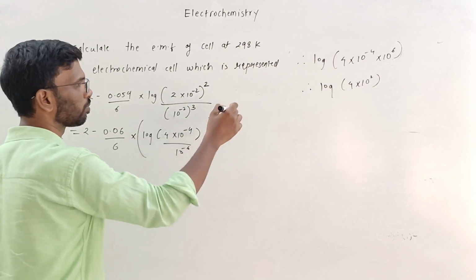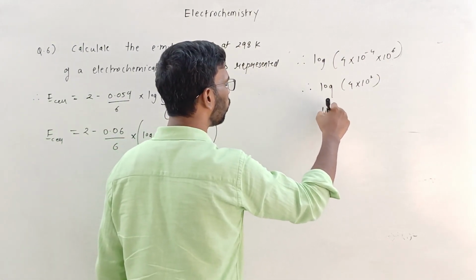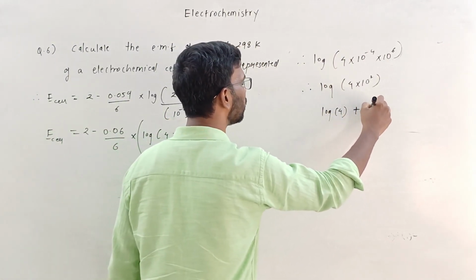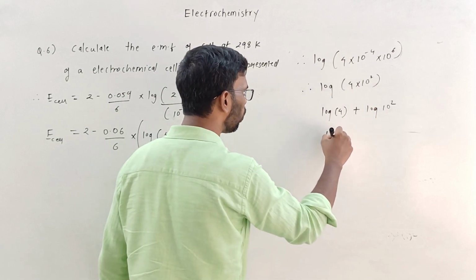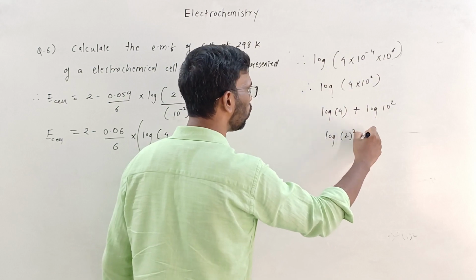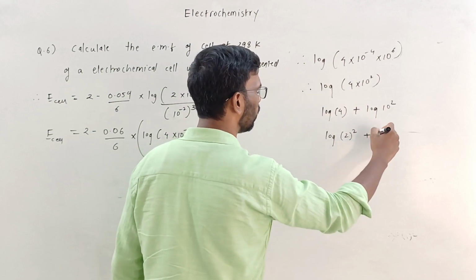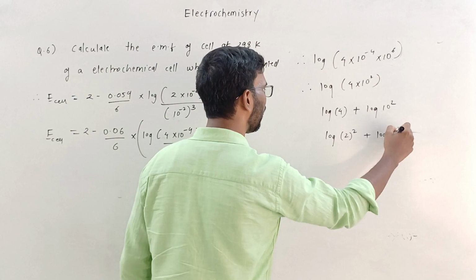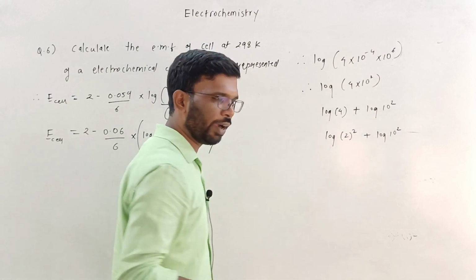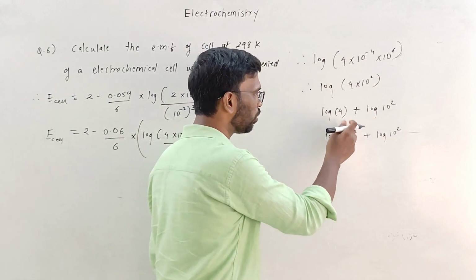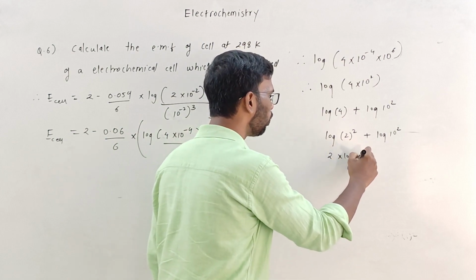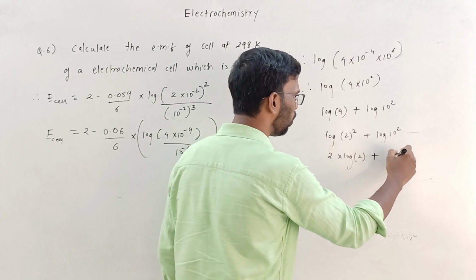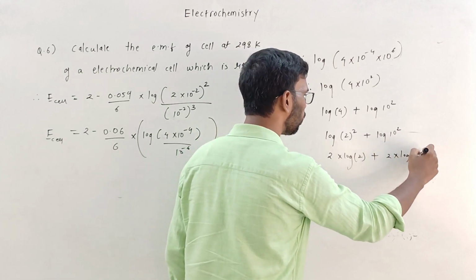This is log of 4 plus log of 10 raised to 2. Log of 4 could be written as log of 2 raised to 2. By identities of the logarithm, log of a raised to x is x log a. So I am writing 2 into log of 2 plus 2 into log of 10.